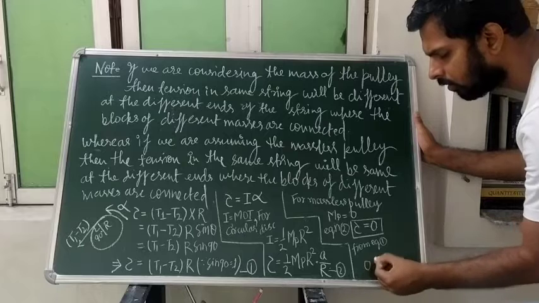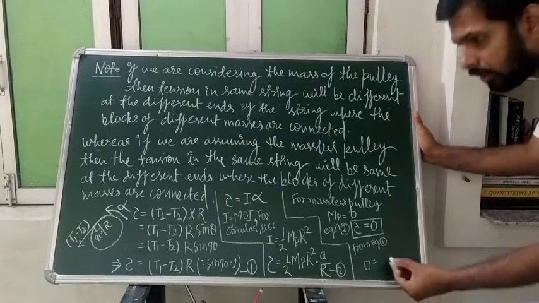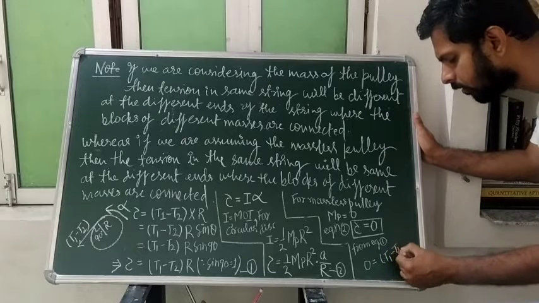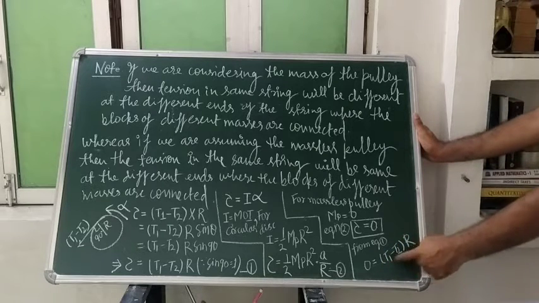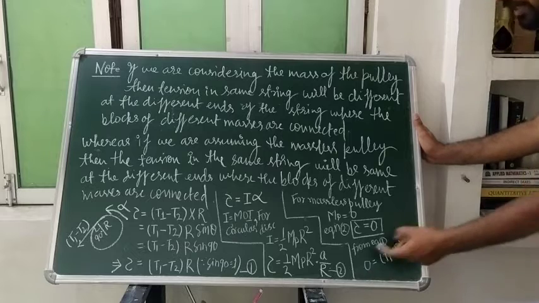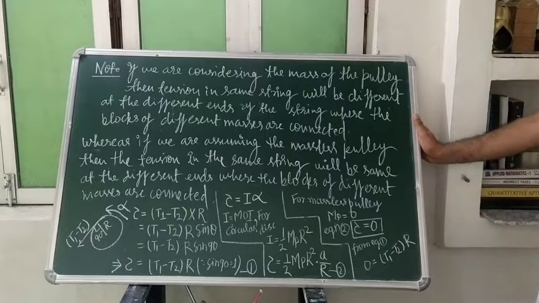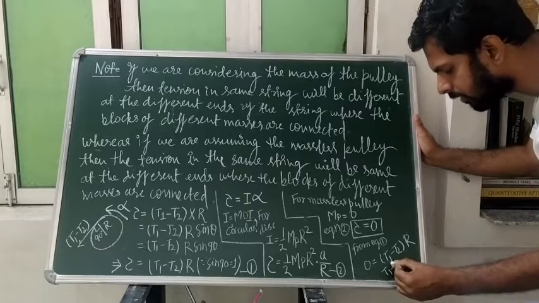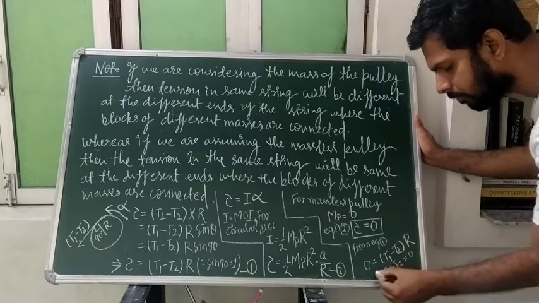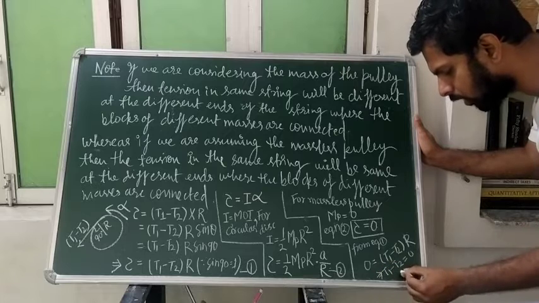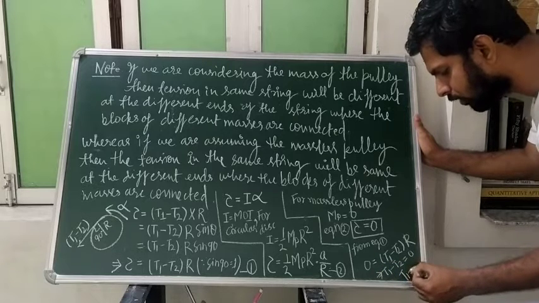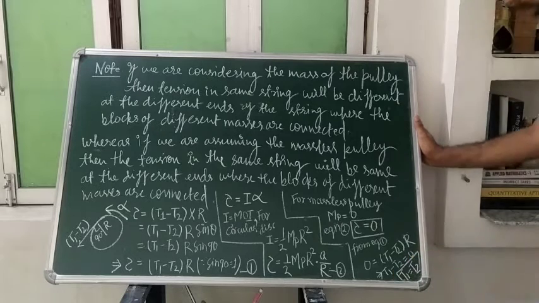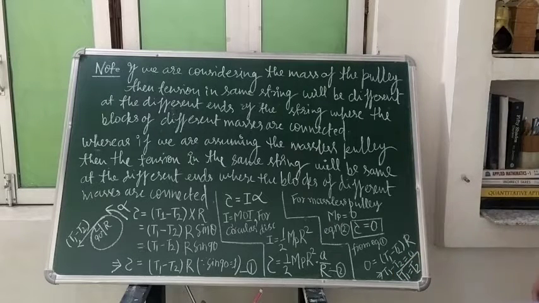Torque is 0, so T1 minus T2 times r is 0. So either T1 minus T2 should be equal to 0 or radius should be equal to 0. Radius of the pulley can't be 0. So we will say that T1 minus T2 is equal to 0, and T1 is equal to T2.